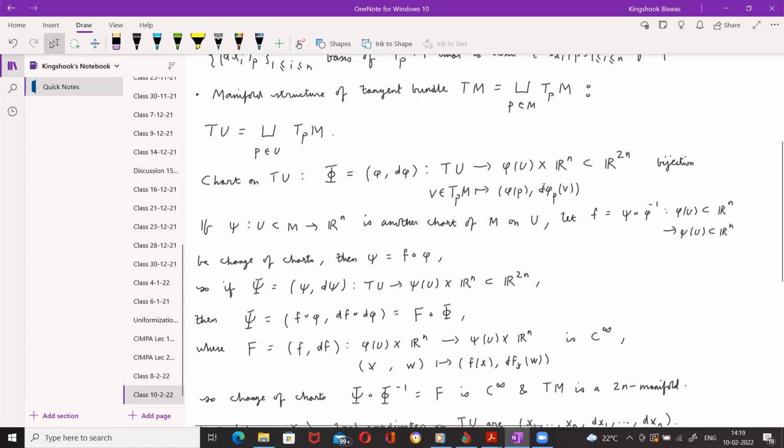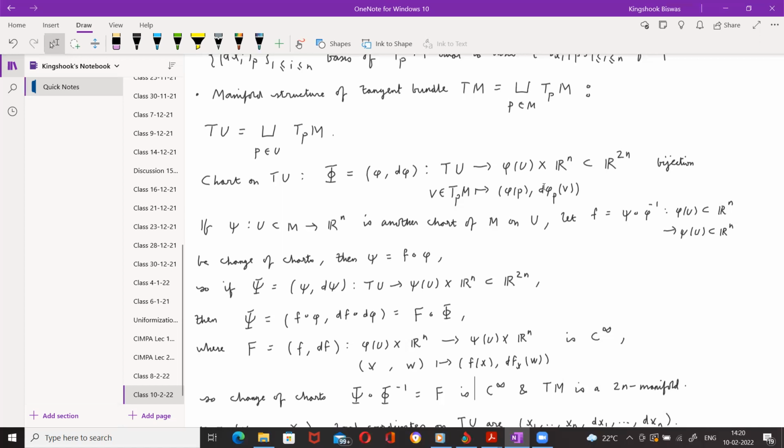Yes. Okay. So this gives us a bijection, and using these we want to define not only a topology on TM, but also a manifold structure.